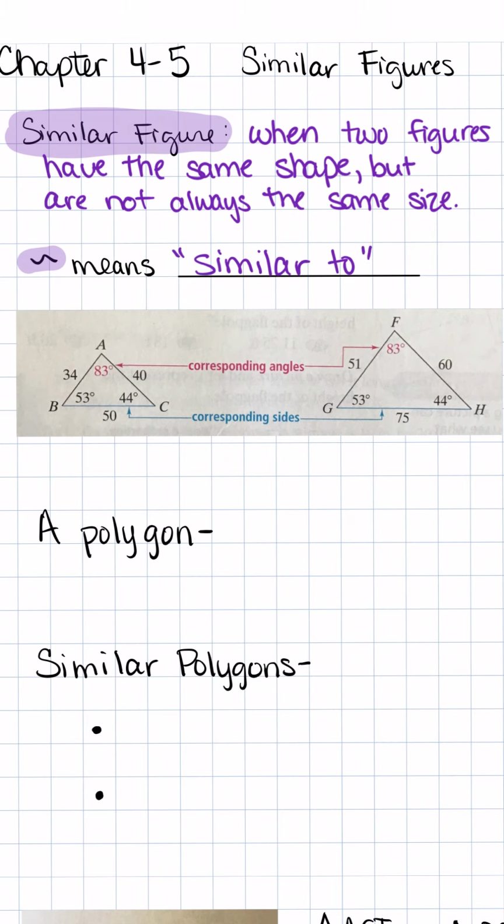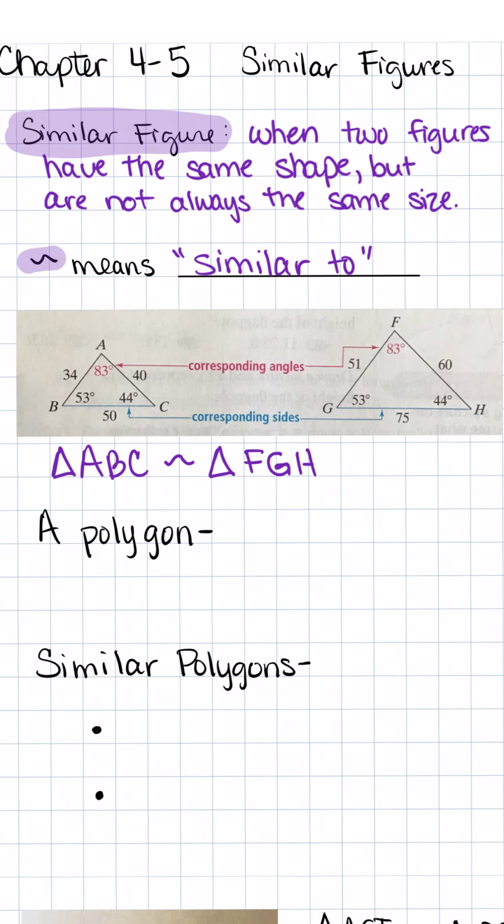Okay. So these two triangles are similar. So we can write that as triangle ABC is similar to triangle FGH.